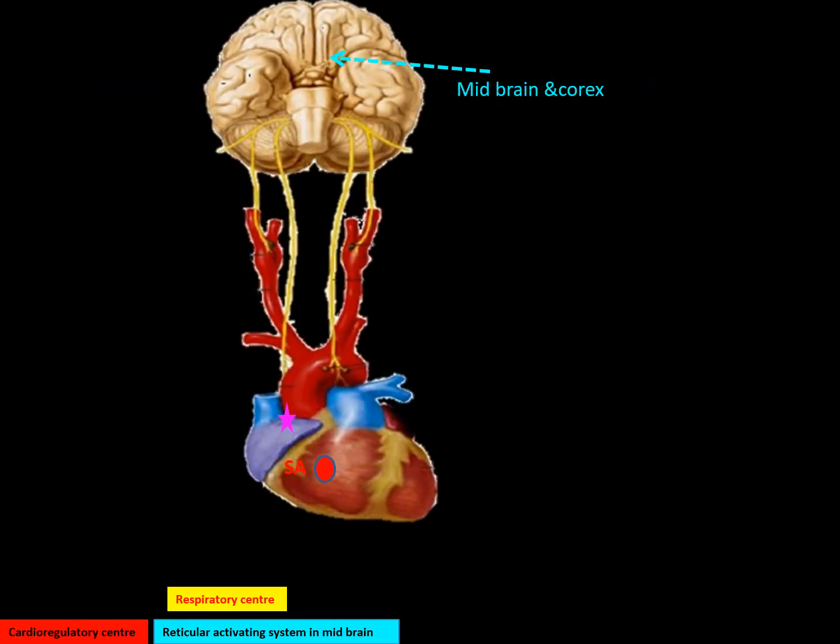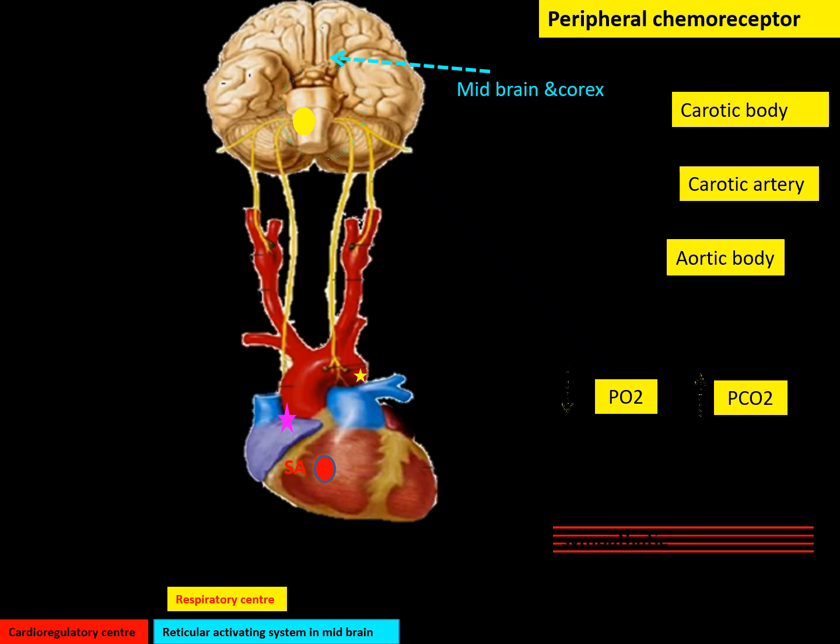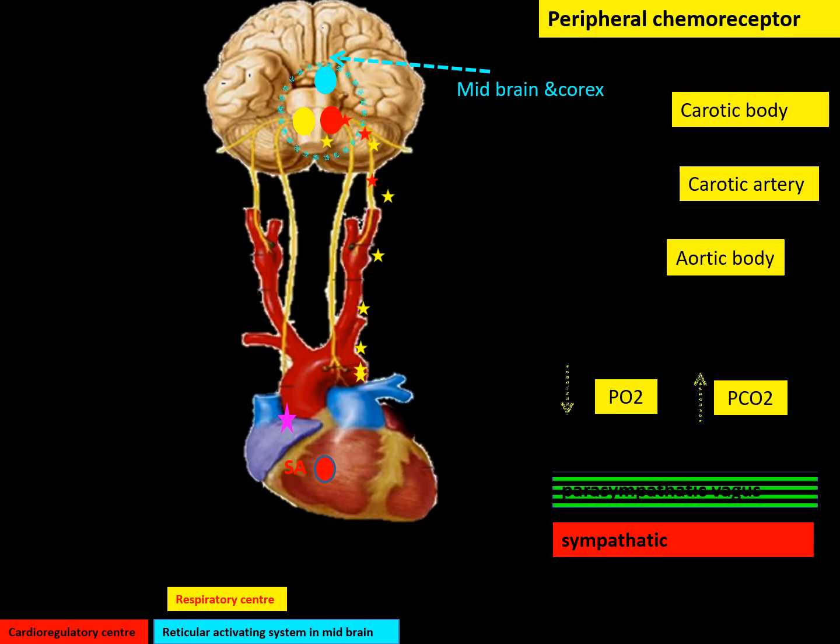As we mentioned, the cardioregulatory center is located in the floor of the medulla adjacent to the respiratory center, whereas the peripheral chemoreceptor is located in the carotid body and the carotid artery. These receptors are stimulated by a drop in the peripheral oxygen concentration or an increase in the carbon dioxide concentration, sending impulses to the cardioregulatory and respiratory center.